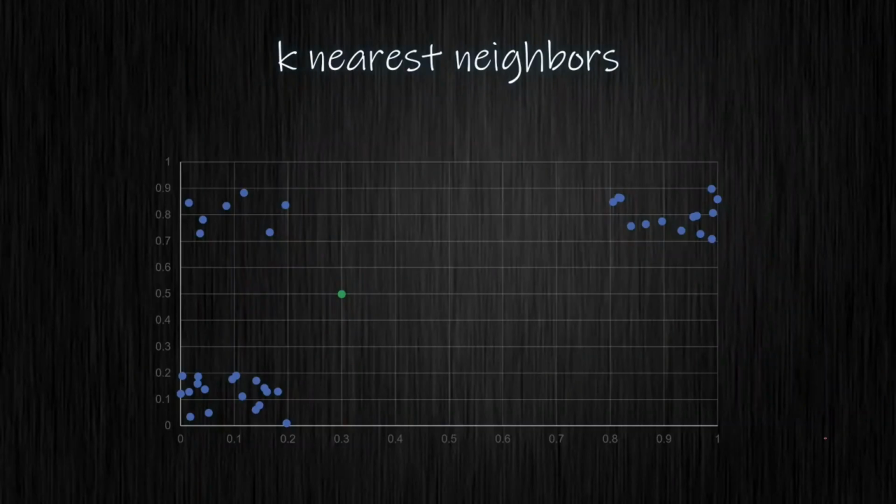The next model that we are going to see together is the k nearest neighbor. For instance, if we don't have any information about this data set, or if we want to predict the market return for this data set here, the way the k-nearest neighbor works is that it uses the nearest neighbor that it can find.